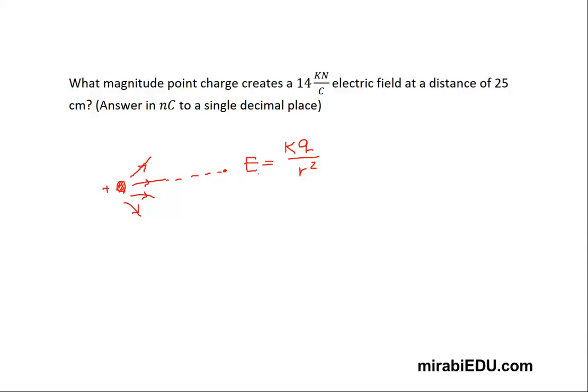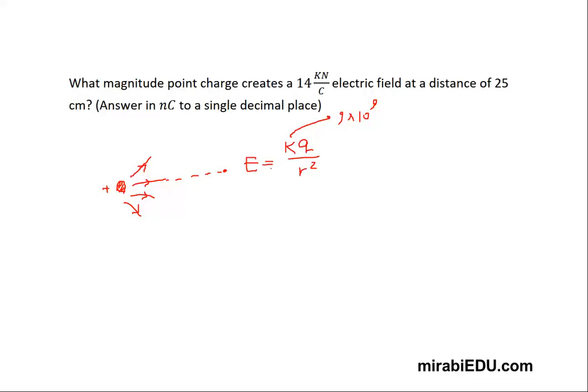We only need the magnitude, and in this formula, k is again a constant, which is 9 times 10 to the 9. Q is the magnitude of the point charge in coulombs, R is the distance in meters, and E is the electric field intensity in Newtons per Coulomb.